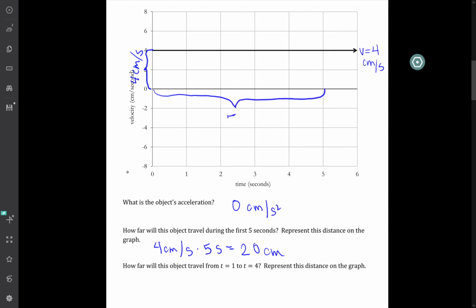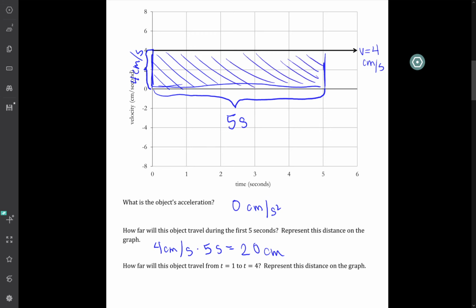And there we go. If you multiply this vertical distance by this horizontal distance, what you're getting is the area of this rectangle. Okay, so interesting, we're looking for position based on velocity, and we're getting area.